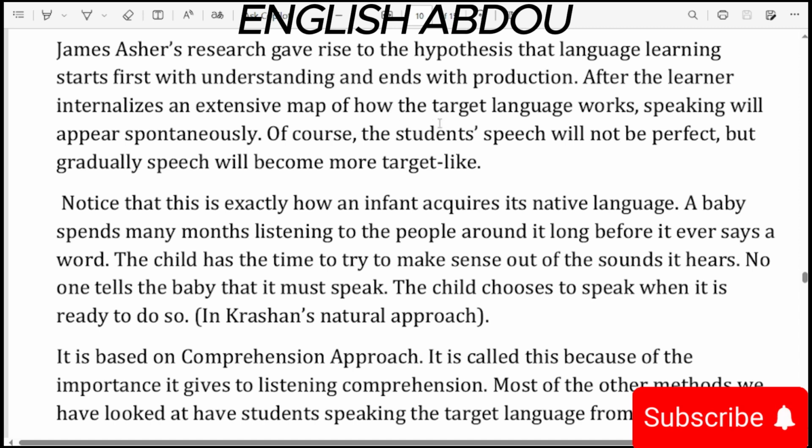Of course, this method explains that if the students listen carefully and understand the rules and vocabulary of the target language, speaking will certainly appear spontaneously, meaning it will appear automatically. Of course, the student's speech will not be perfect, but gradually it will become more target-like.